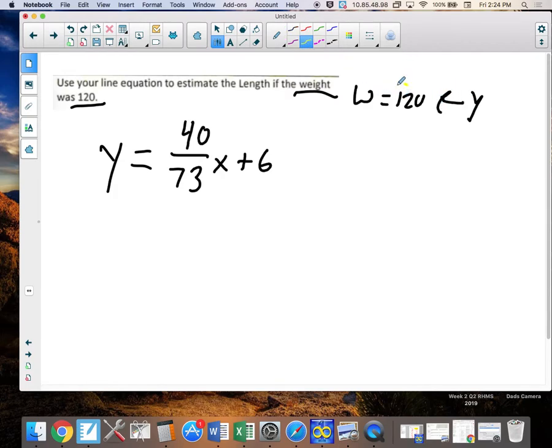We're going to take this number, 120, and this time plug it in for y. The rest of the equation is exactly the same. It's unchanged.